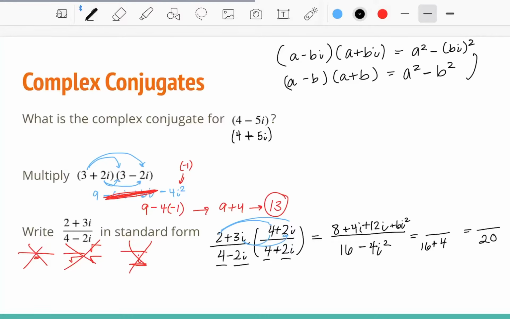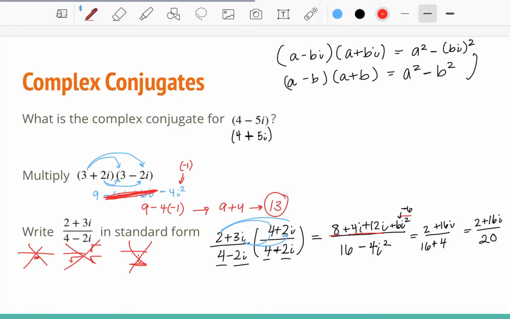This is going to become negative 6 because that i squared is a negative 1. And I will combine that negative 6 with my positive 8 out here, and I will get 2 as my real number part. And then I'm going to combine 4i plus 12i and get 16i. Let's carry that over. So it is okay to have i in the numerator, just not the denominator.